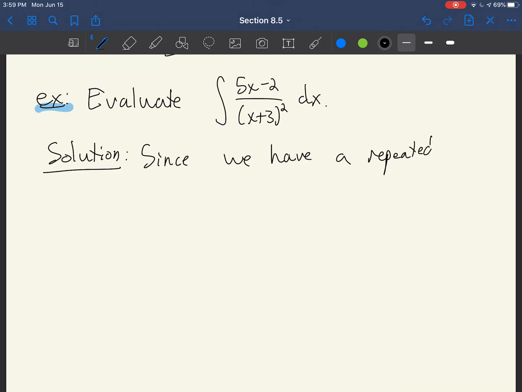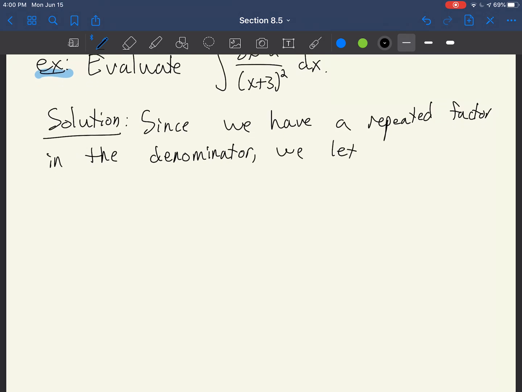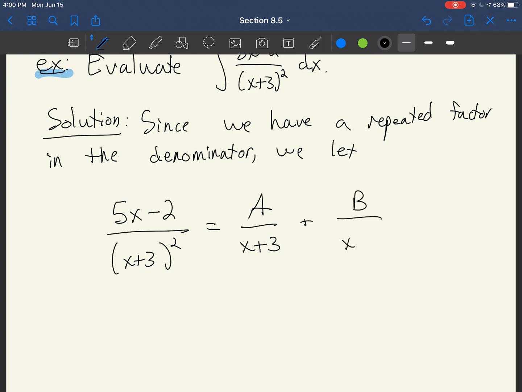So since we have a repeated factor in the denominator, the partial fraction decomposition of 5x minus 2 over x plus 3 quantity squared would not be a divided by x plus 3 and b divided by x plus 3.